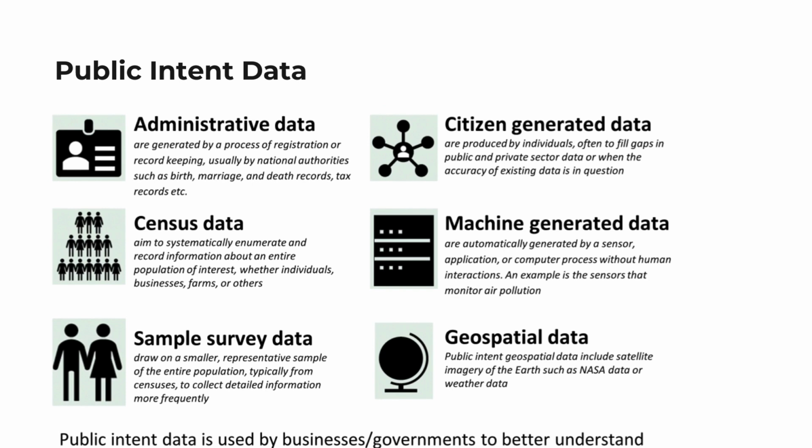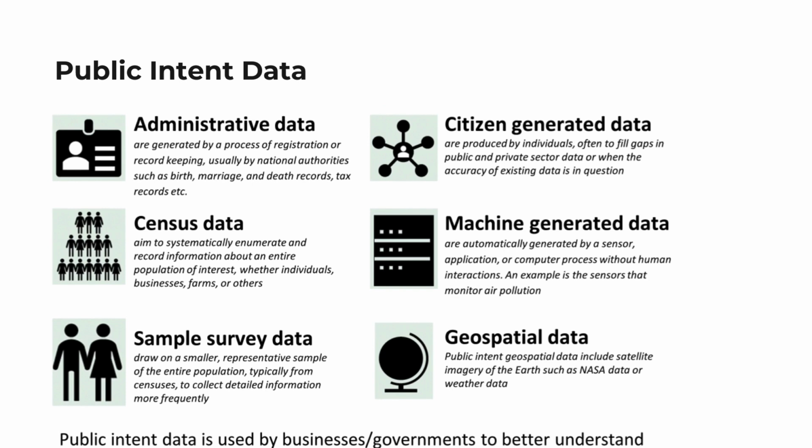And in many countries, we have policies of when, in terms of frequency, and also the methodology in which census data is collected. Another type is what we call the sample survey data. This is drawn from a smaller representative sample of the entire population, and typically it could be either from a census to collect detailed information about certain phenomena or certain topics or subjects.